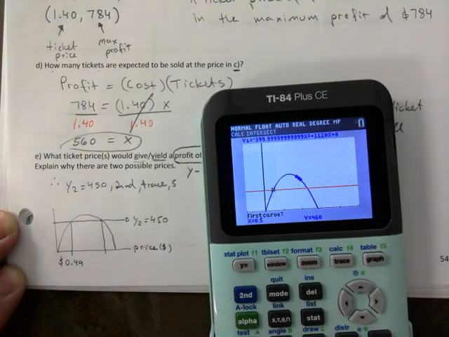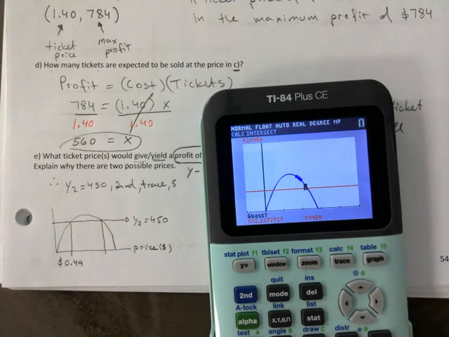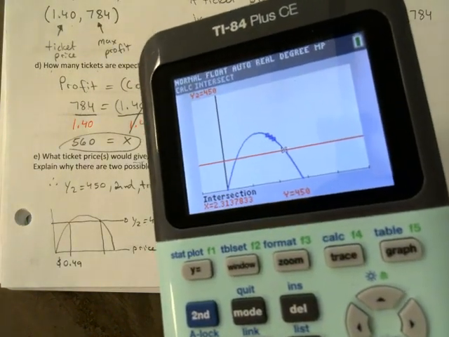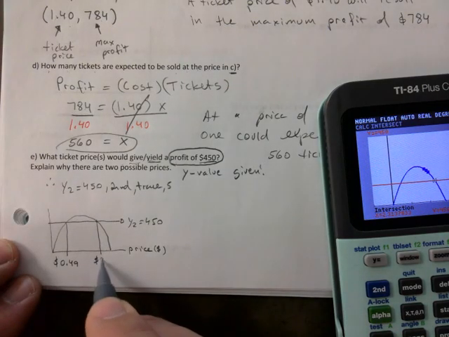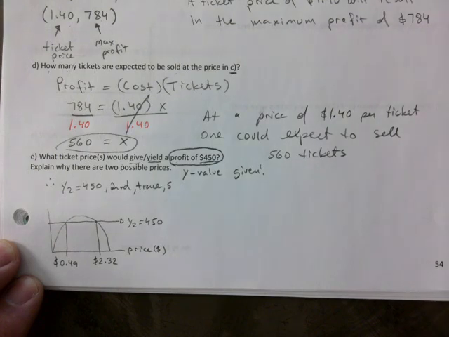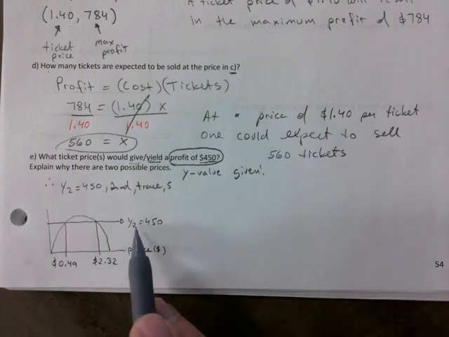Second trace 5. Let's go over to that side. Enter, enter, enter. 2.32. So in both cases, you make 450.